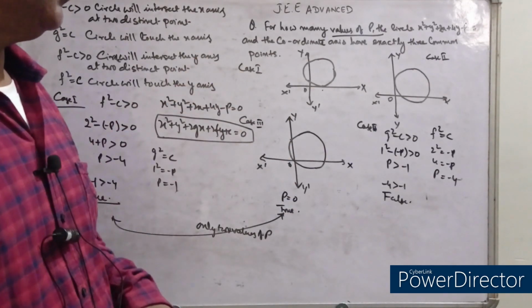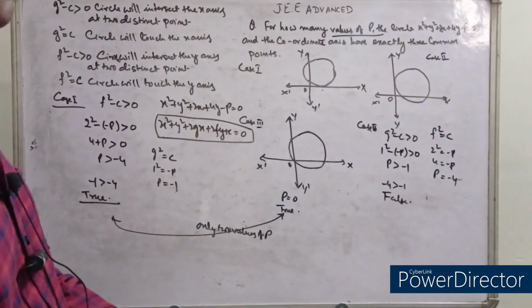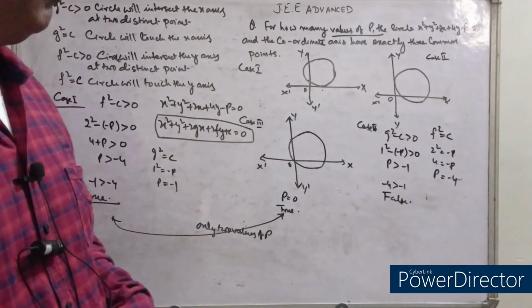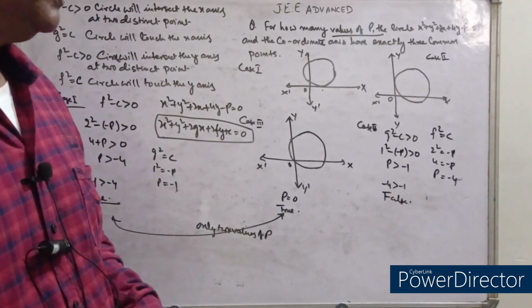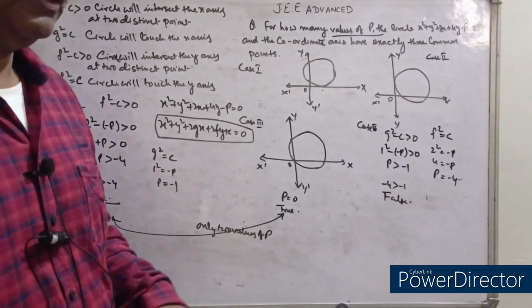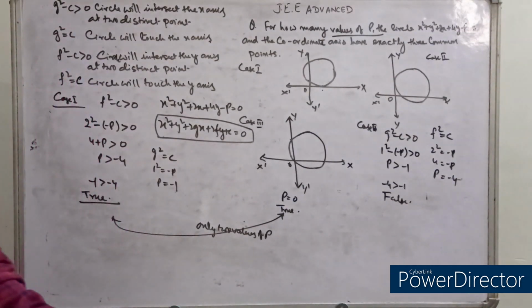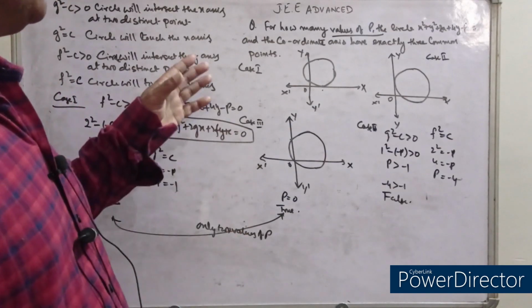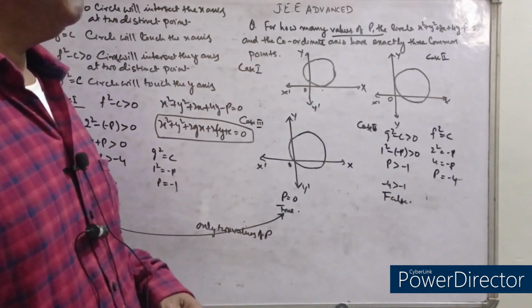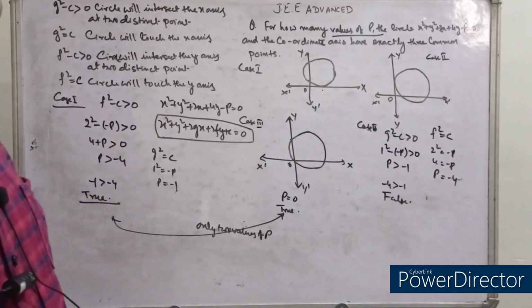I have given you the theory, and it is available in graduation books, which deal with the general equation of a circle. If you solve such problems, you will be able to solve them in this competition.